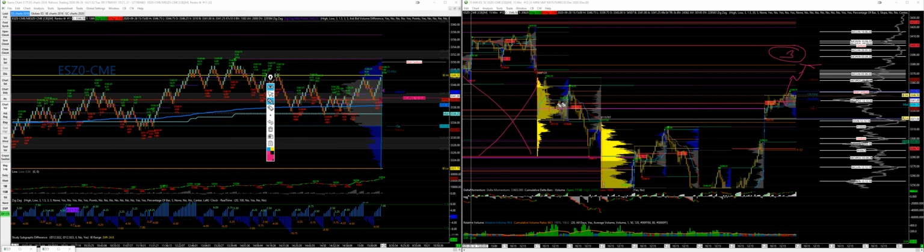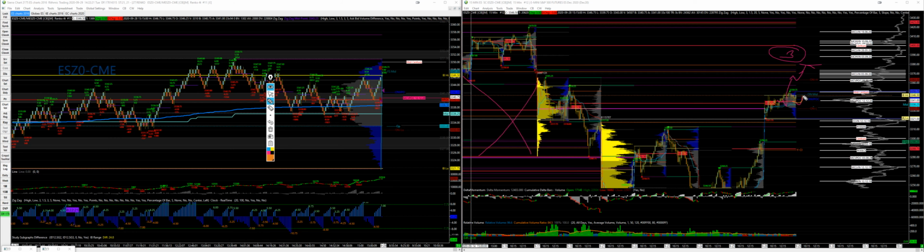Scenario 4 is if we reject the area of the balance and we drop lower again. Currently we're in an area where we have had a double top-ish already. Today we tested it again, so I expect stronger odds to the upside, but we have scenario 4 for the downside, for the opposite.